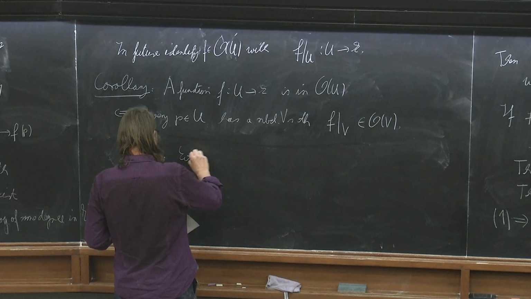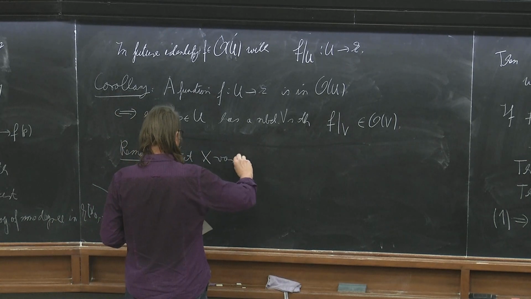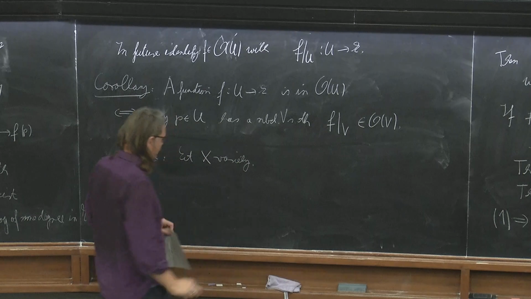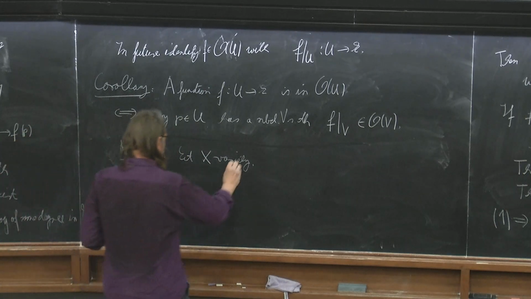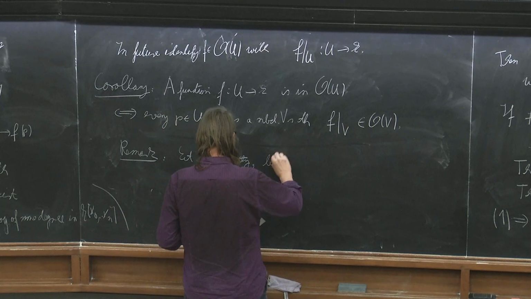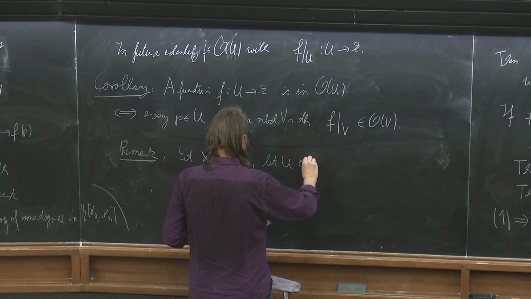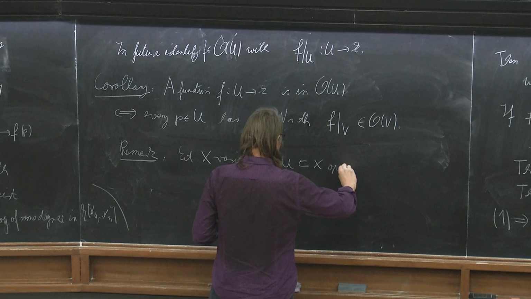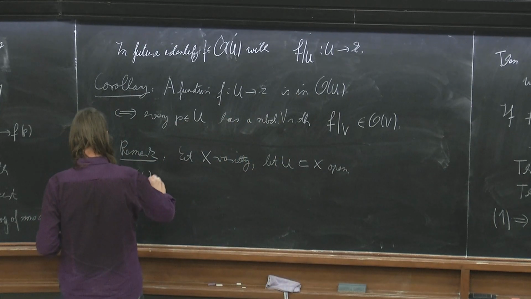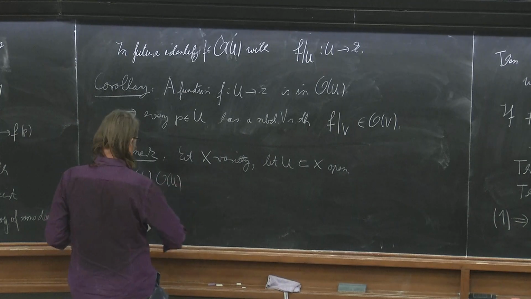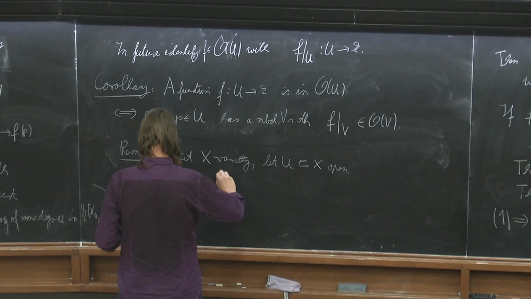Let X be a variety. That means X can be quasi-affine or quasi-projective. And I take an open subset U. Then first, O(U) is a K-algebra.